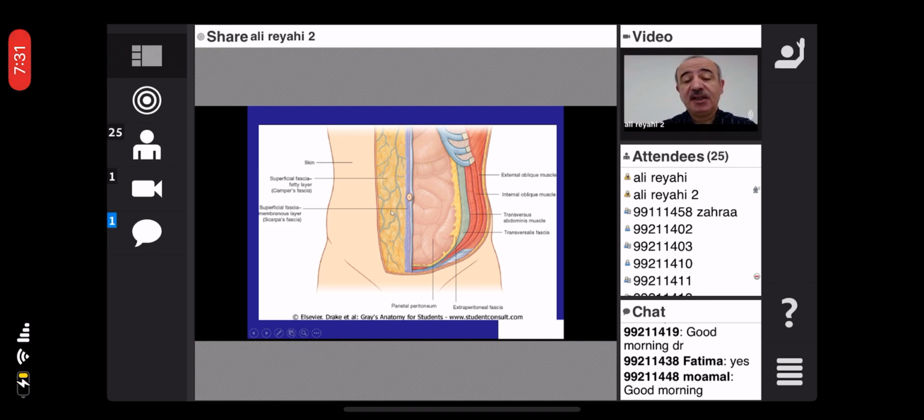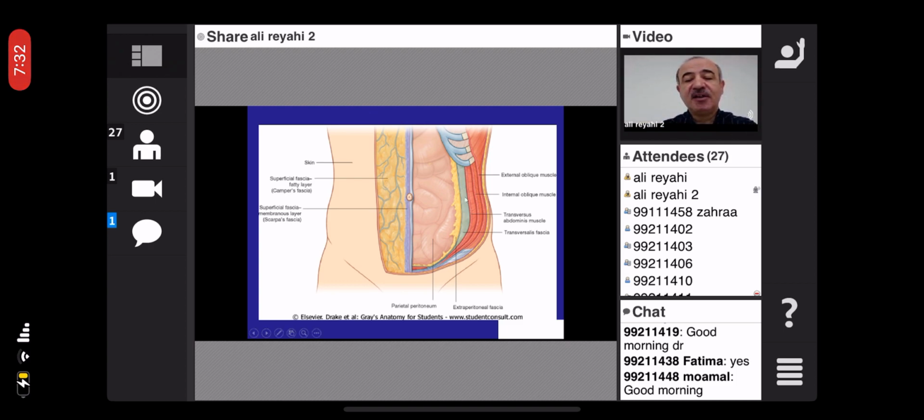The superficial fascia can be divided into two layers, if you remember, and at depth of the deep fascia in the lateral wall of the abdomen you can see three layers of muscles, and then this layer is the transverse fascia that lines the inner surface of the transverse abdominis muscle. The transverse fascia is a part of the endo-abdominal fascia that lines all surfaces of the wall of the abdomen.